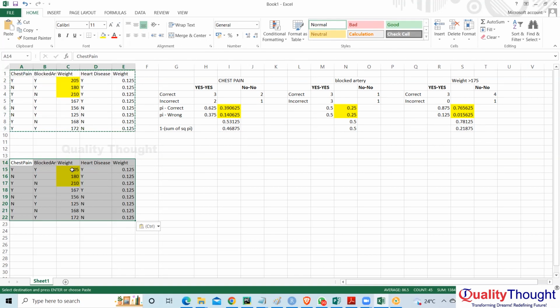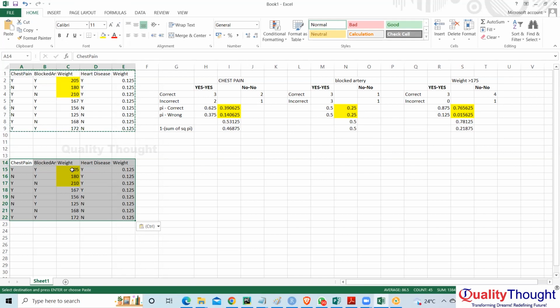So the next step: you have found the Gini index. Whichever has the lowest Gini index, that would be the first value that we are going to select.